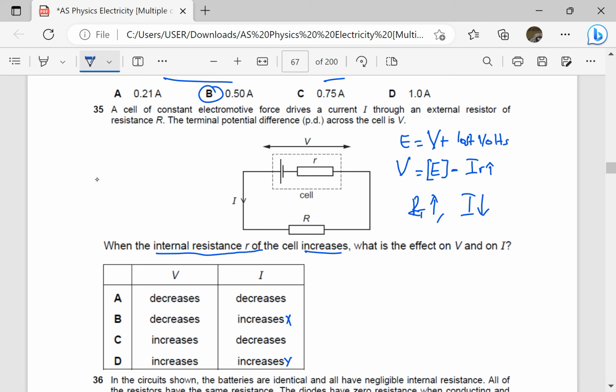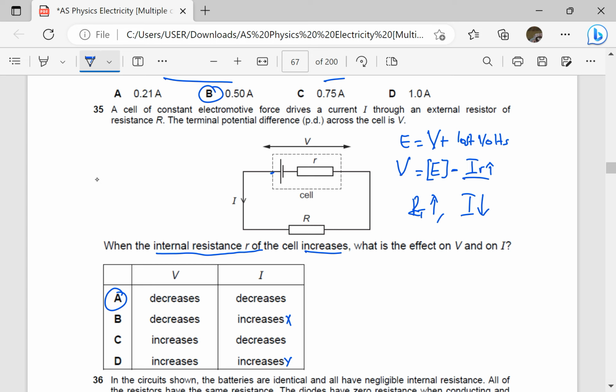And then how about the terminal PD? Of course, the terminal PD is equal to the e.m.f. minus the lost volts. As I increases, the lost volts increases, it means the terminal PD automatically decreases. Therefore, our answer is going to be A.